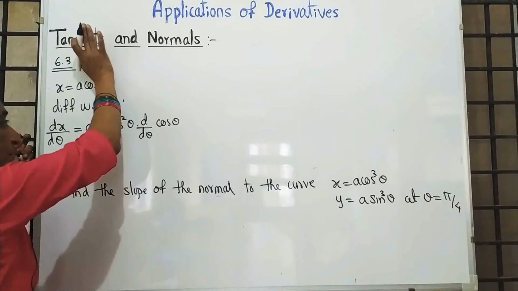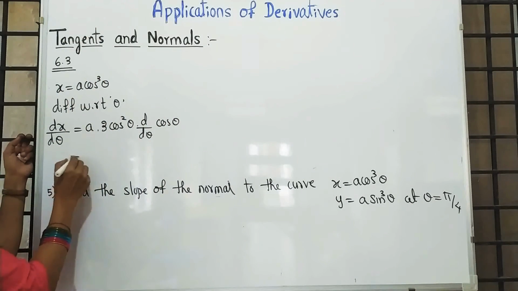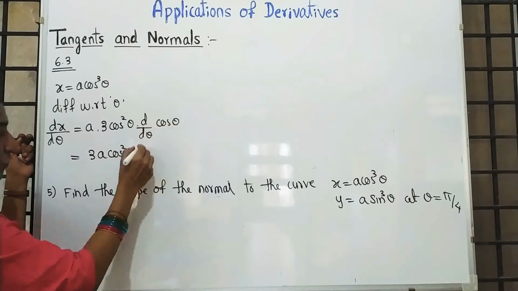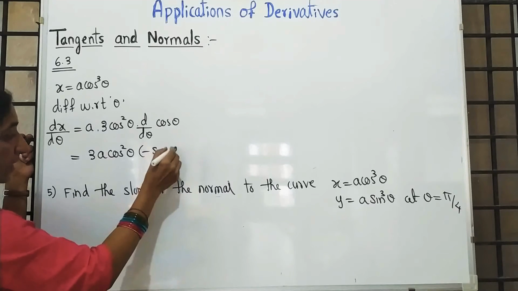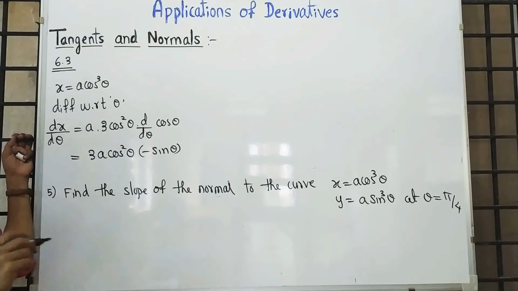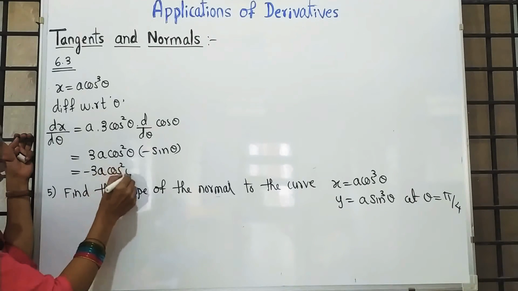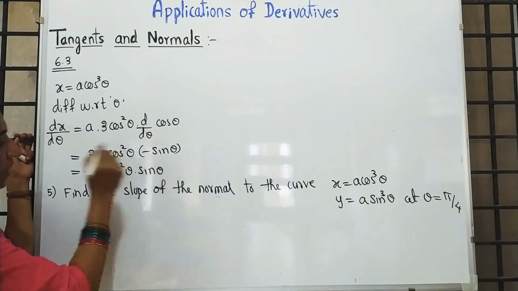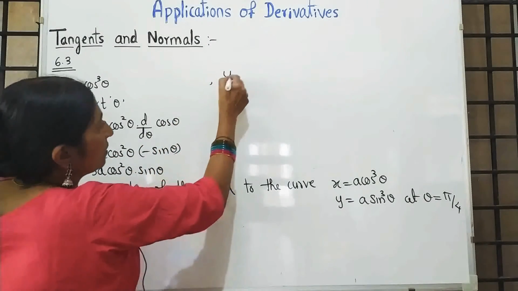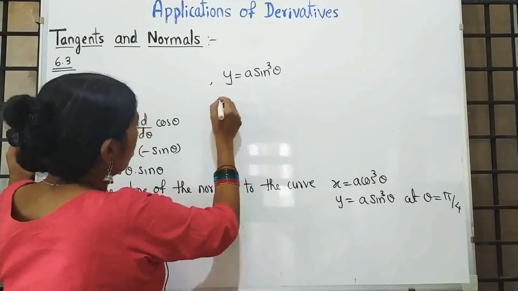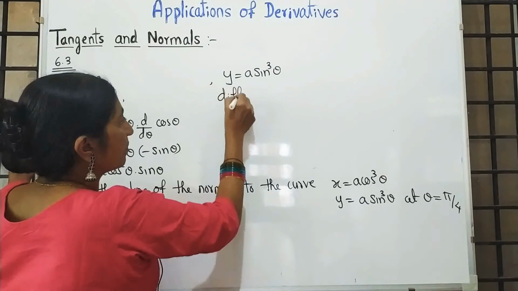After covering the power, we have to differentiate the base. It is 3a cos square theta, differentiation of cos is minus sin theta. That's why I am writing in the bracket. This is minus 3a cos square theta into sin theta. Next, y is equal to a sin cube theta. This also we are differentiating with respect to theta.